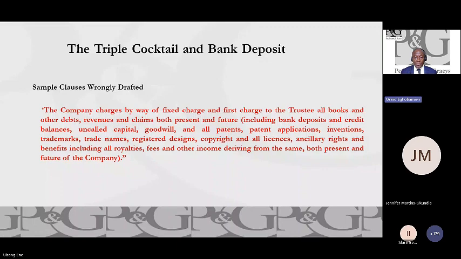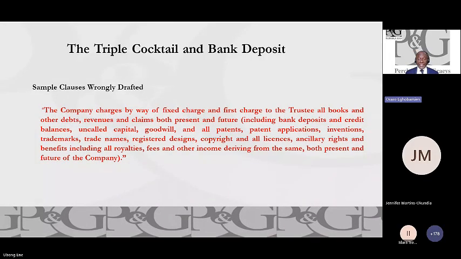Goodwill is very interesting. How do you take a charge over goodwill? Fixed charge. And all patents. That's another very interesting asset. Patent application, inventories, trademarks, trade names, registered designs, copyright, and all licenses, ancillary rights, and benefits, including all royalties, fees, and other income deriving from the same, both present and future, of the company.